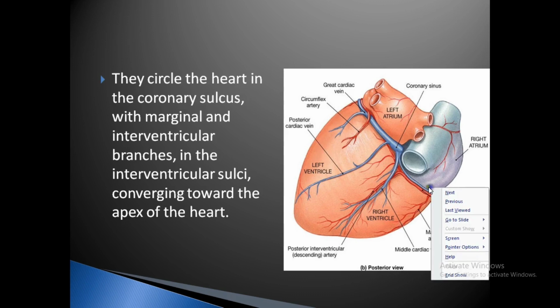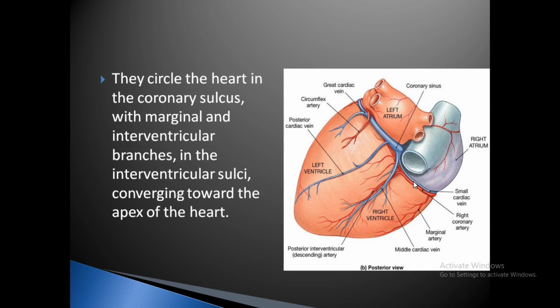They circle the heart. The right and the left coronary artery basically circle the heart in the coronary sulcus, with marginal and interventricular branches in the interventricular sulci converging towards the apex of the heart.